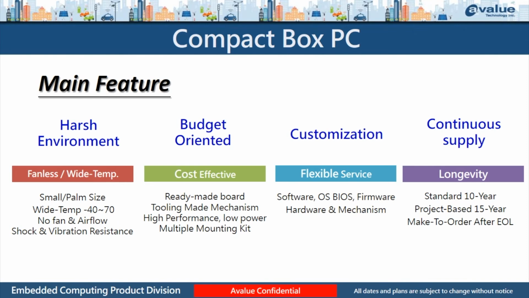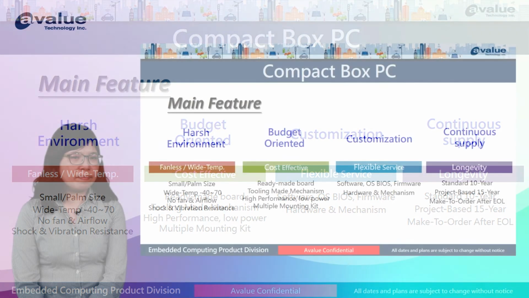Let me summarize the features of compact box PC. First, harsh environment. Some systems are required to apply in limited space, with high and low temperature. A box PC with fanless design can not only make the size smaller, but also has stronger resistance to shock and vibration.